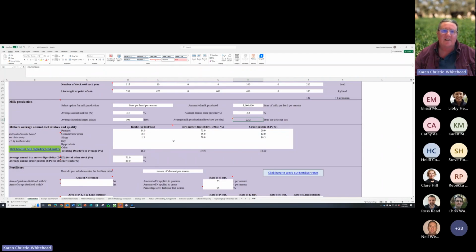The next section is where we're trying to ultimately determine the overall diet of your milking cow, including her dry period, and what the dry matter digestibility and the crude protein of her diet is.